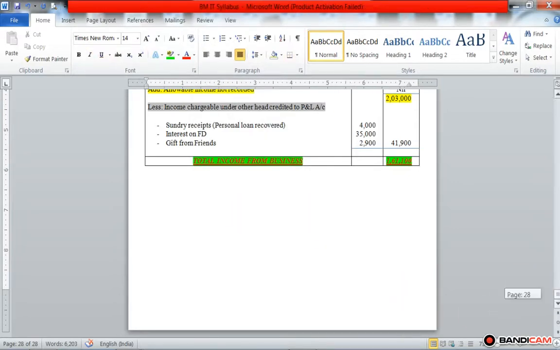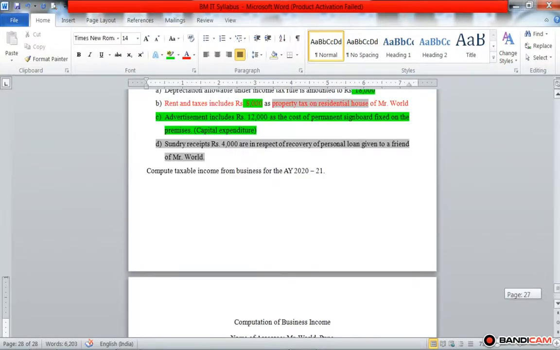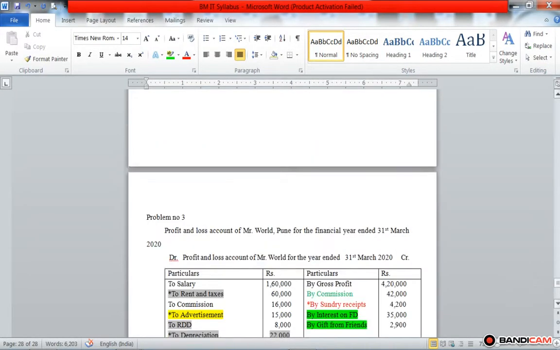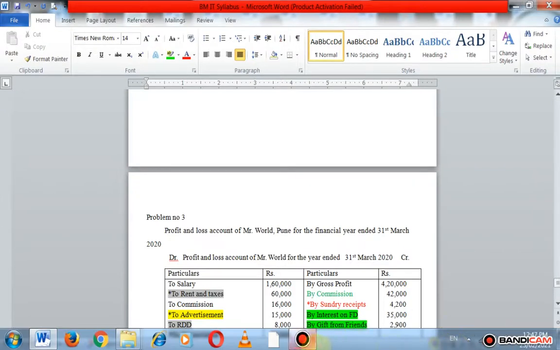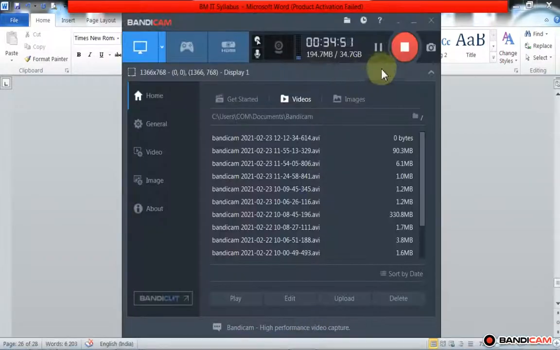In our next lecture we will solve problem number 4 on computation of total taxable income of the business, and then after completing problem number 4 we will go on to solve a practical problem on computation of profit and gains from business or profession. So here we stop the lecture. Thank you very much.